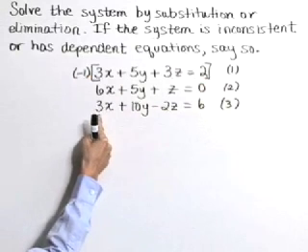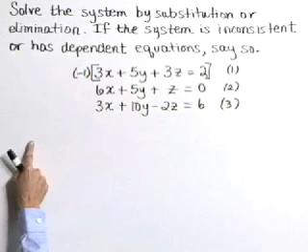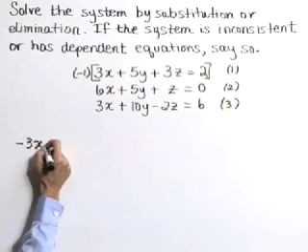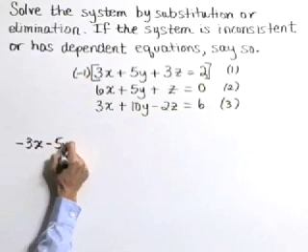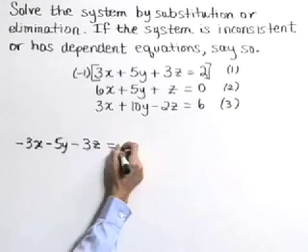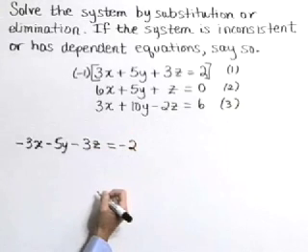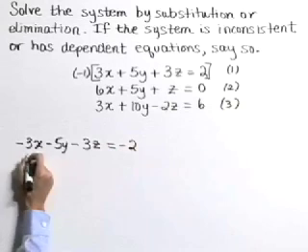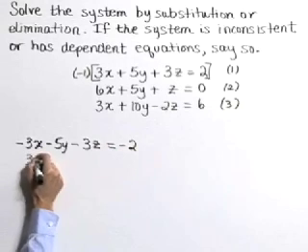additive inverses. So equation 1 becomes negative 3x minus 5y minus 3z is equal to negative 2. So that was negative 1 times equation 1. Let's just rewrite equation 3 now.